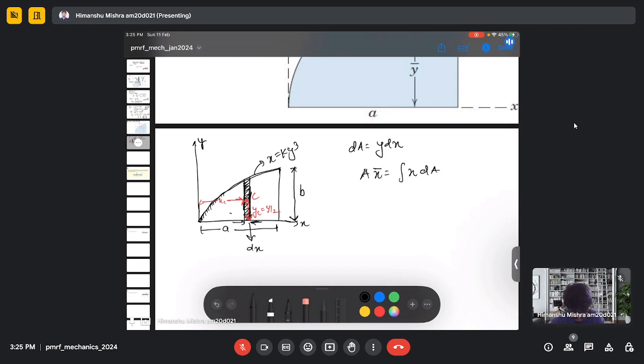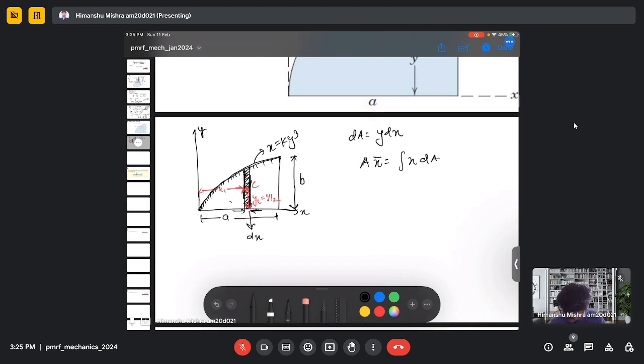It can be interpreted as the area under the curve. So to find the area, the overall area can be given as 0 to a y dx. So this is my area of this whole curve.